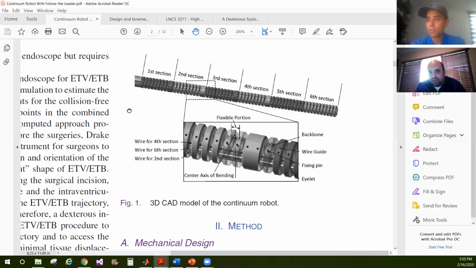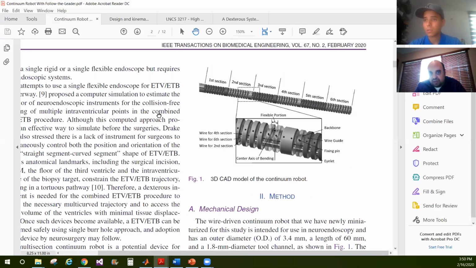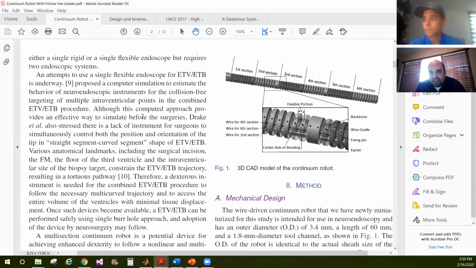So it looks like they're... Go ahead. I think I see what they're doing here. There is a wire for the second section, but there is no wire for the first. And then there is a wire for the fourth, but nothing for the third. And a wire for the sixth, but nothing for the fifth.